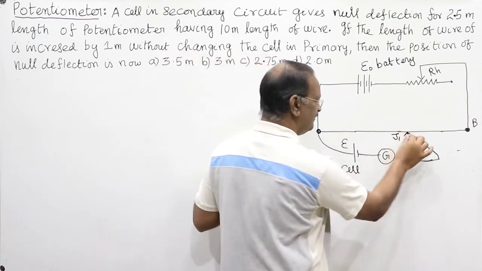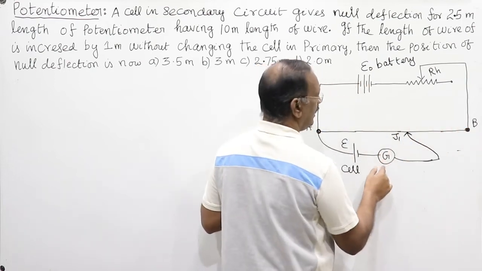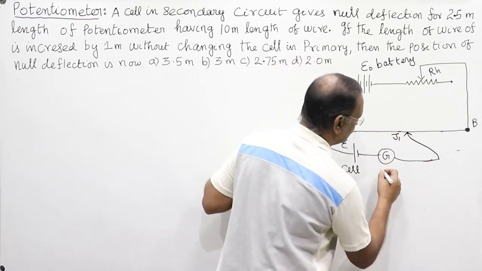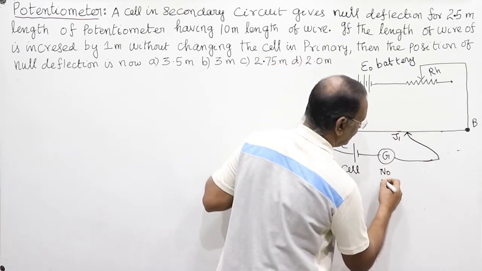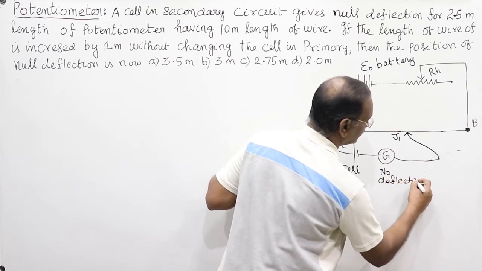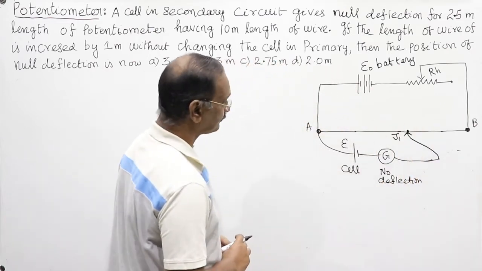Balancing point means when we move the jack along the potentiometer wire AB, at some point the galvanometer will show no deflection, zero deflection. That is called the balancing point for the wire.